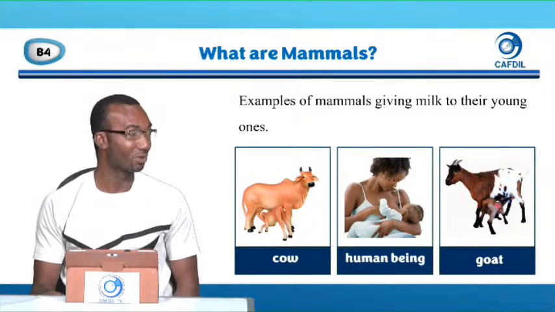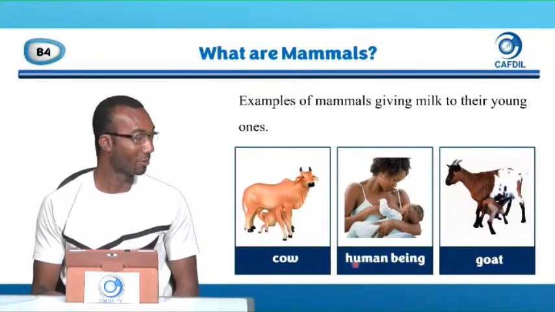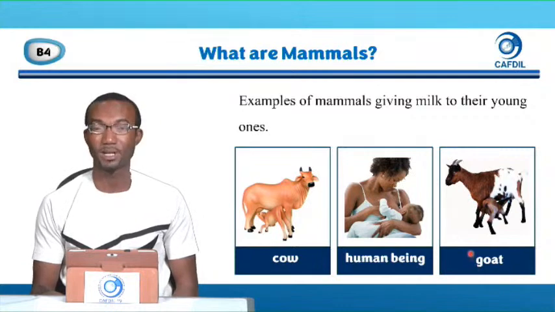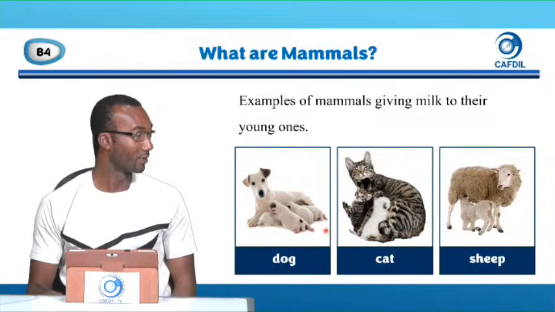We saw the goat also feeding the young one on milk. So cow, human being, goat, they are all mammals because they feed their young ones. We have dog. You see this dog feeding the young ones on milk. You see this cat feeding the young ones on milk.